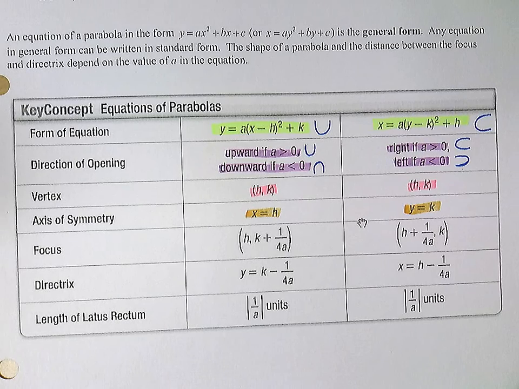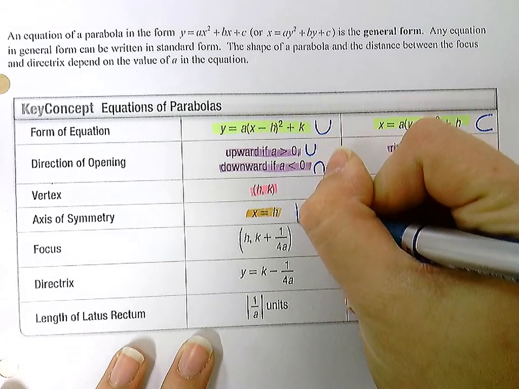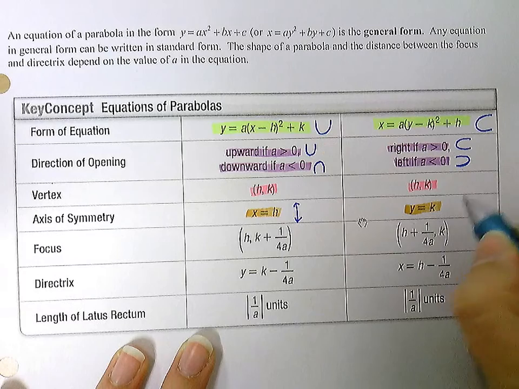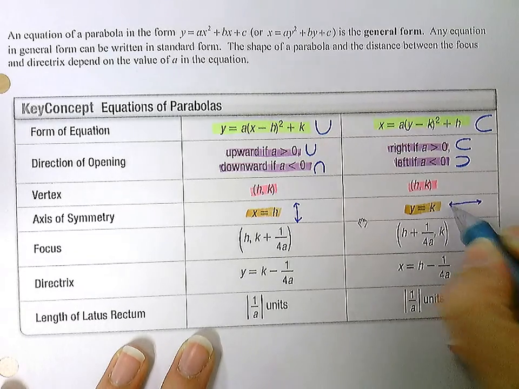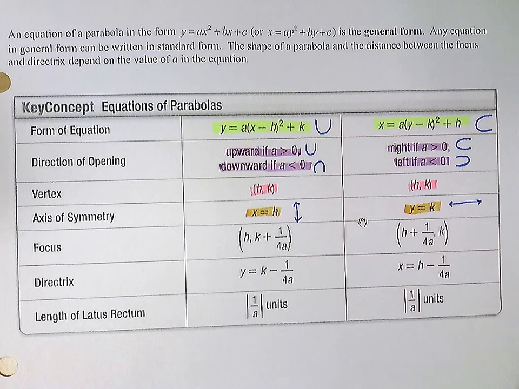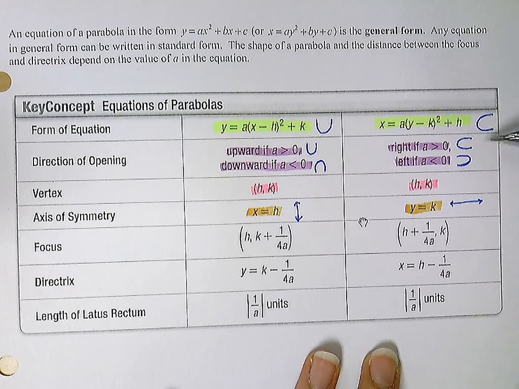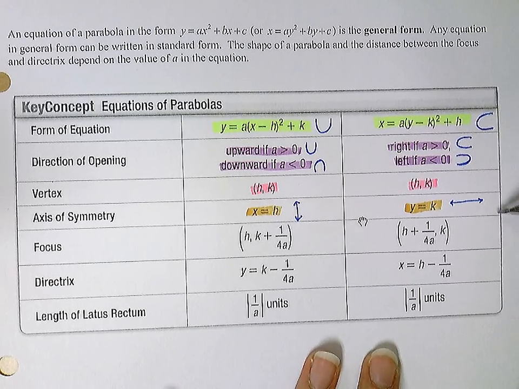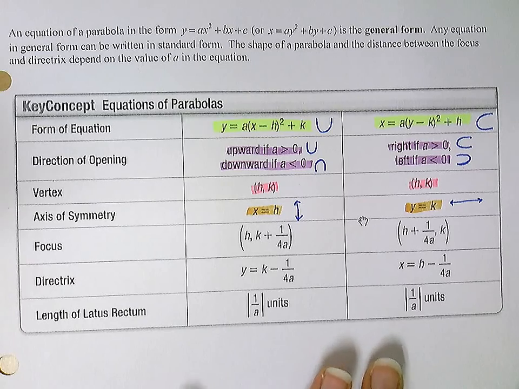So it's just the opposite. So this one is a vertical line. This one will be a horizontal line. Okay, so your axis of symmetry for the normal parabola is a vertical line. That's why it's x equals. And for your sideways parabola, it is a horizontal line. That's why it's y equals.